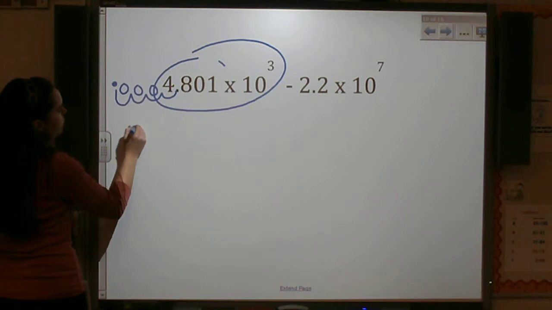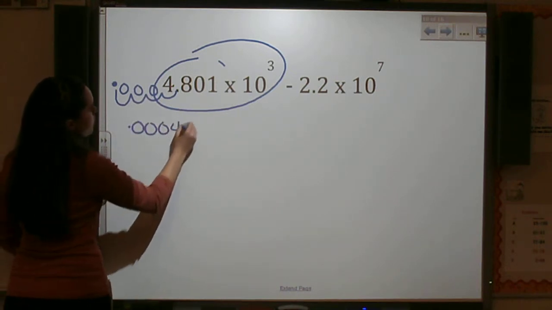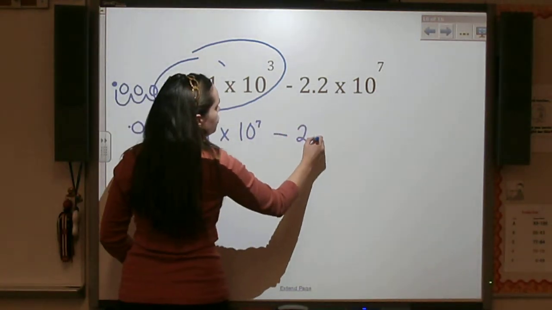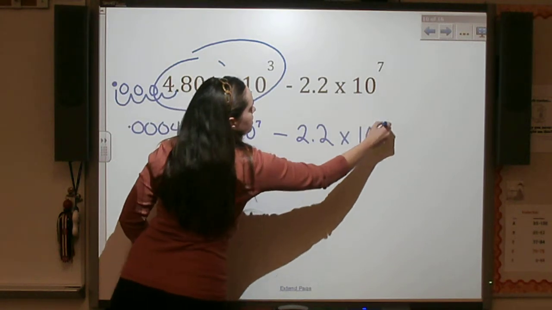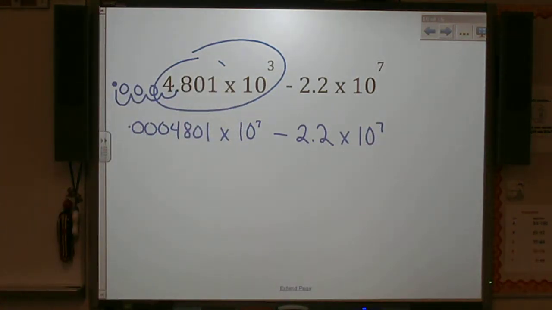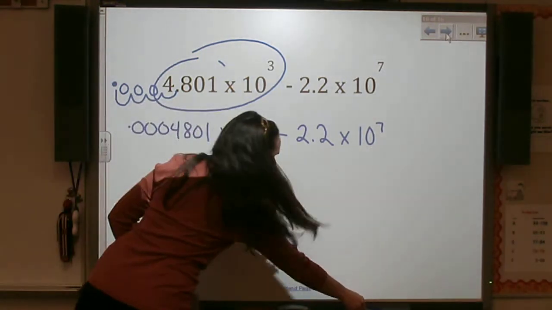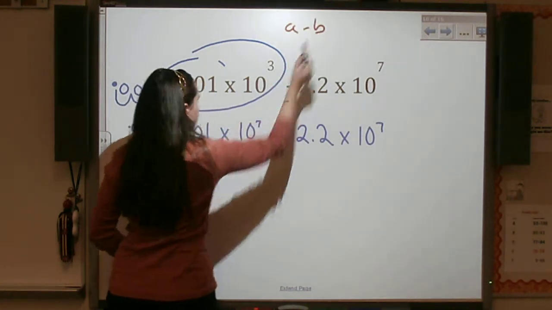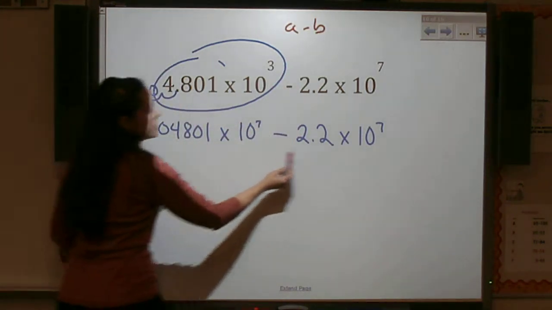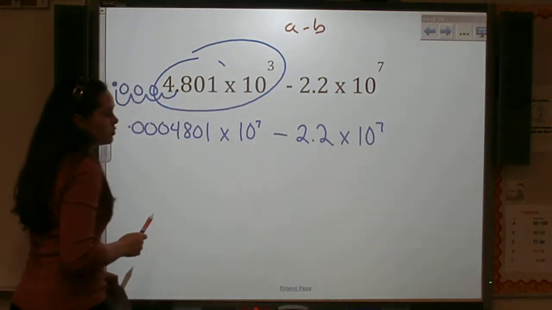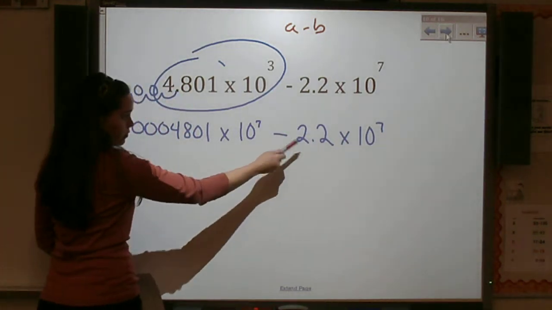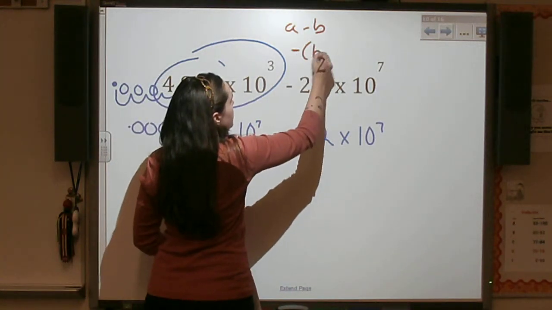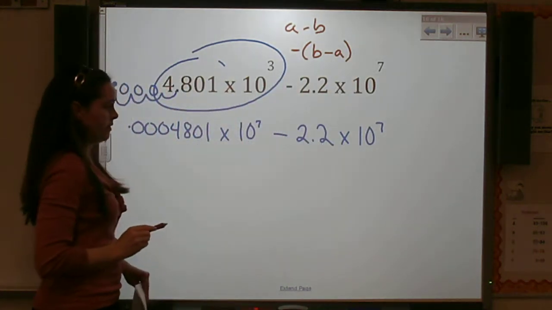So my new number is 0.000481 times 10 to the 7th minus 2.2 times 10 to the 7th. Okay? Now if we remember our rules for adding and subtracting decimals, if we are looking at A minus B, this is my A, this is my B. If the B is a larger number than the A, which it is, 2.2 is larger than 0.000481, then we do B minus A and make it negative, okay?